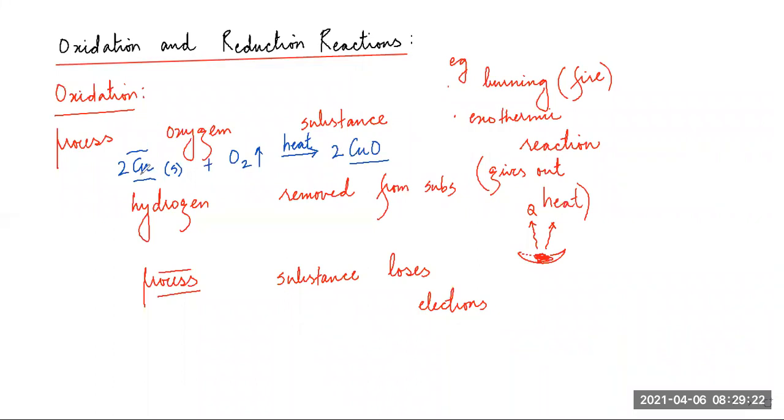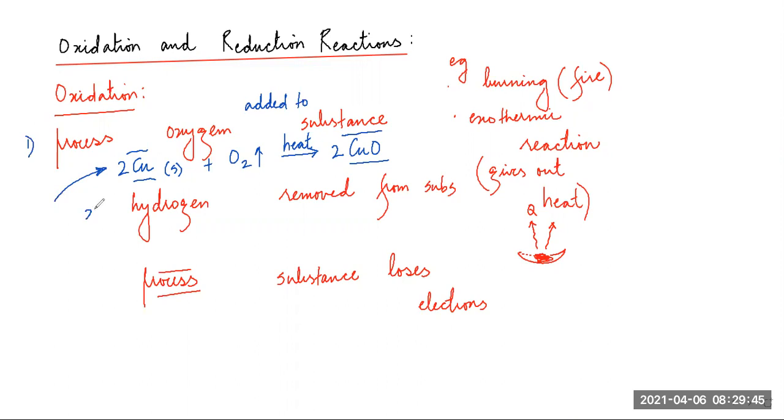Copper was in the elementary state. And here, this is copper oxide, where oxygen has been added. So a process in which oxygen is added to a substance is one of the possibilities of an oxidation reaction.